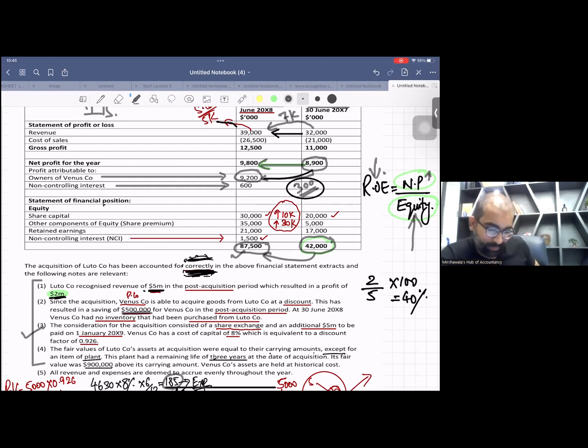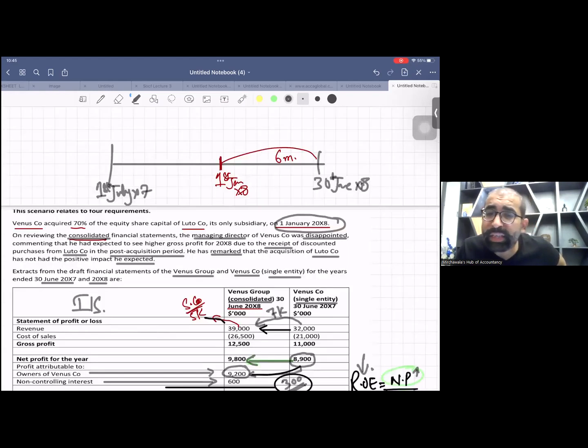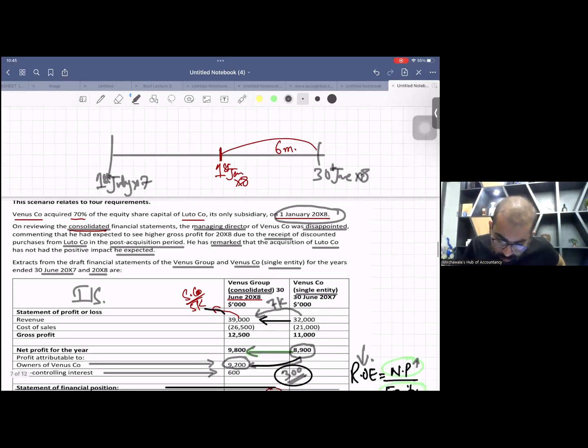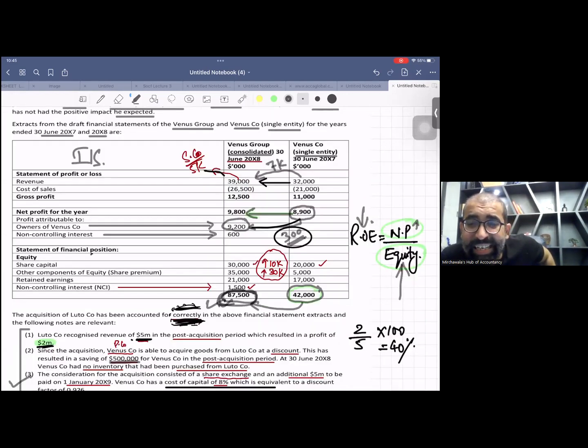Let me tell you. Students, see this. We included in the denominator of ROE the complete equity, the complete 87,500, in the year ended 2000x8, with all the share issues and everything.